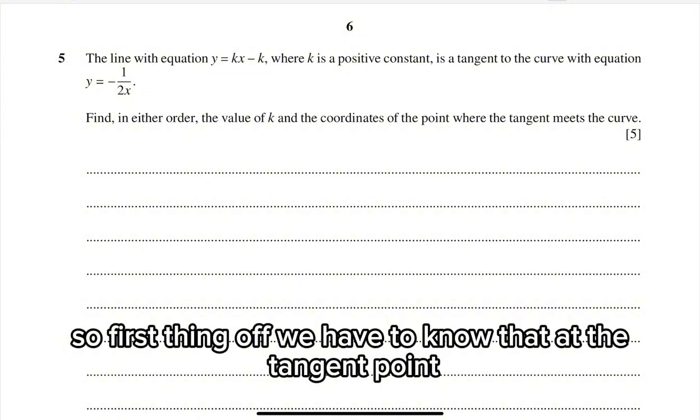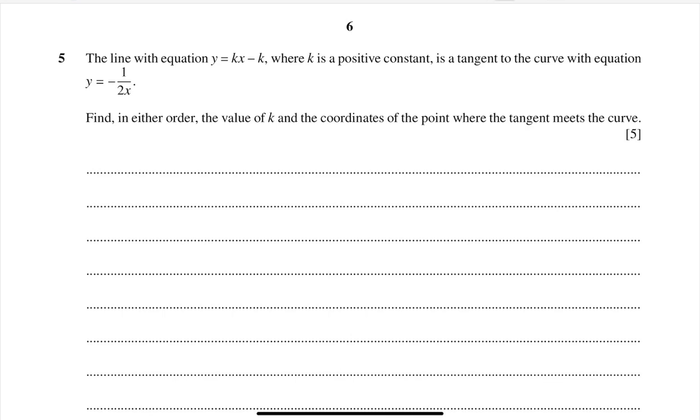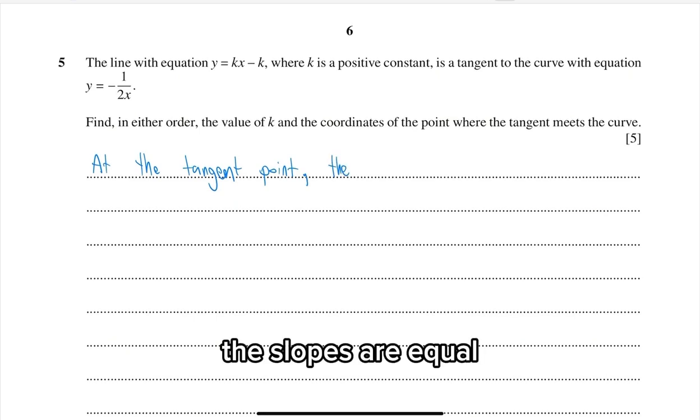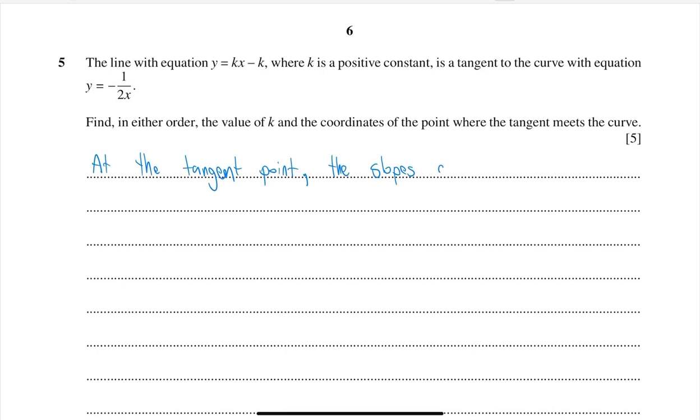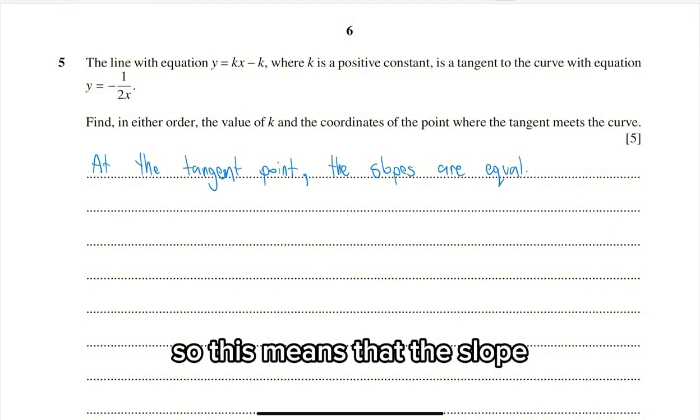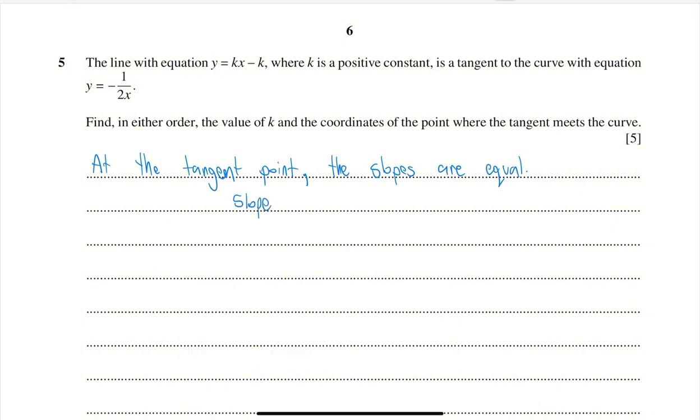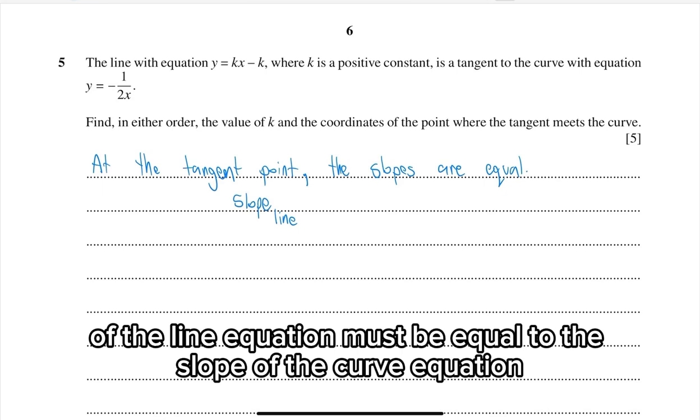So, first thing off, we have to know that at the tangent point, the slopes are equal. So this means that the slope of the line equation must be equal to the slope of the curve equation.